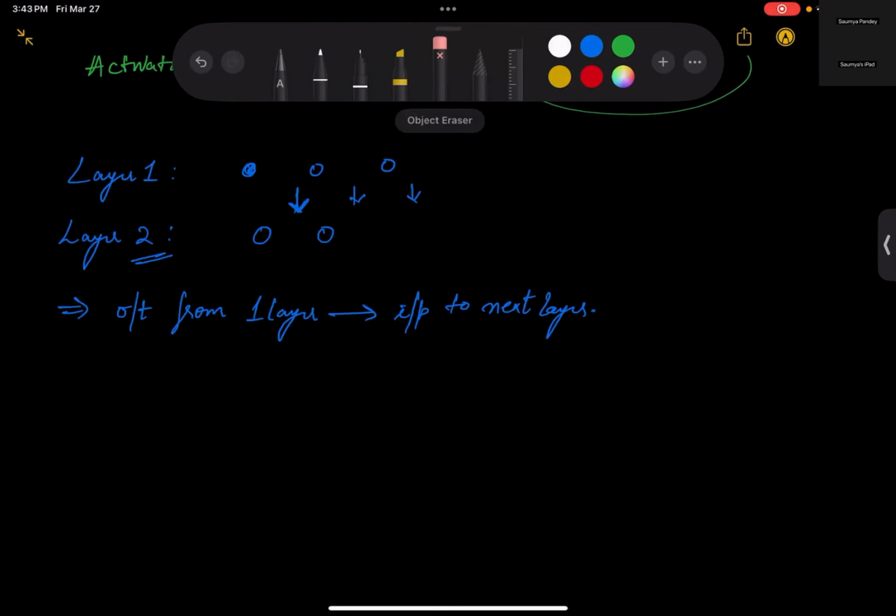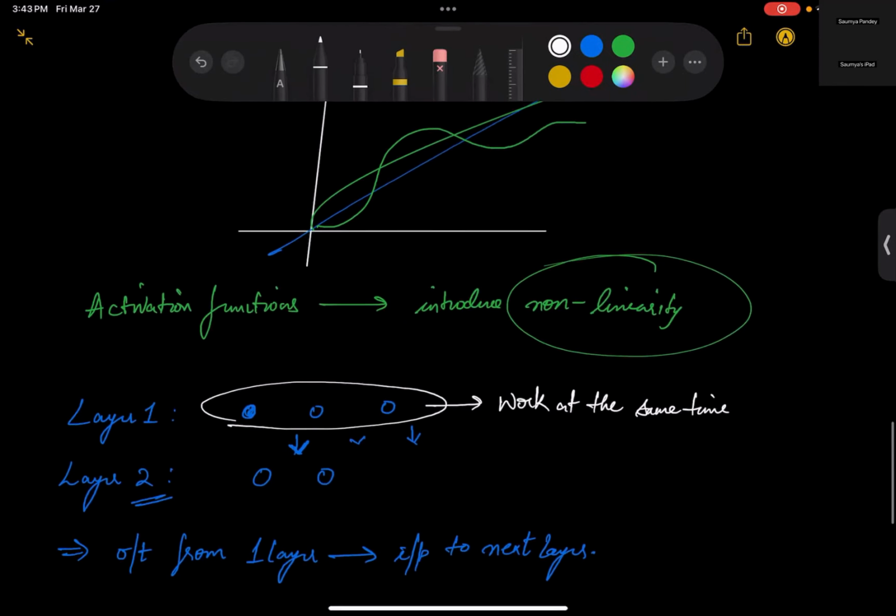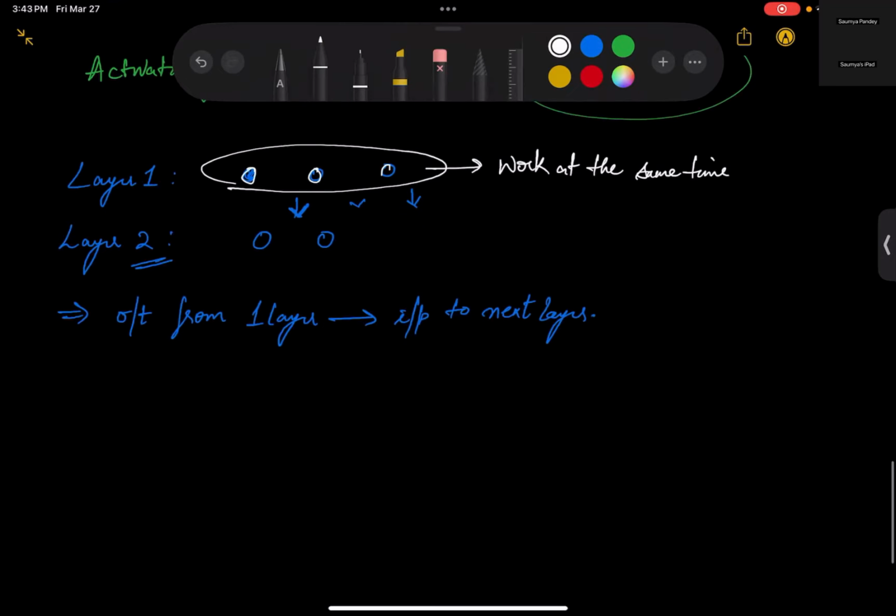And here's something important. All neurons in a layer work at the same time, this entire thing. They work at the same time. Simultaneously, outputs from every neuron from layer 1 are input to neurons of the next layer.